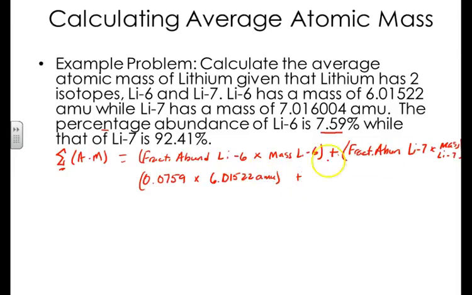That's plus fractional abundance of lithium-7 is 92.41%, so that's 0.9241 times the mass of lithium-7, which is here, 7.016004 AMUs.